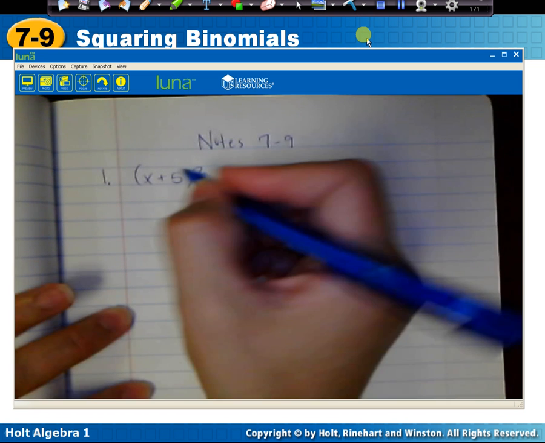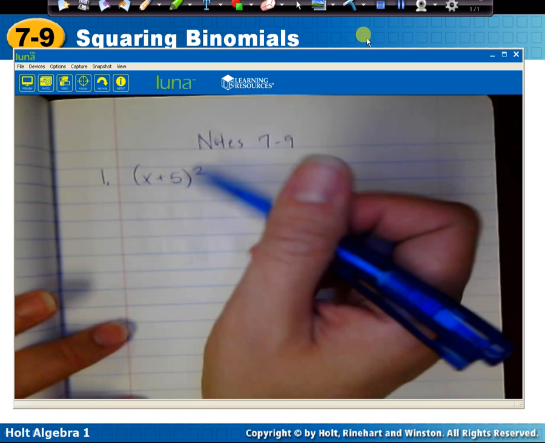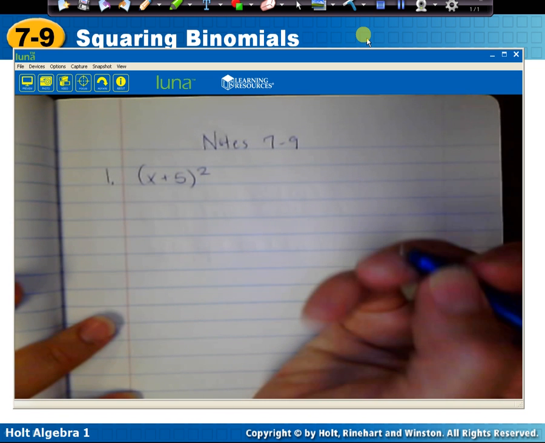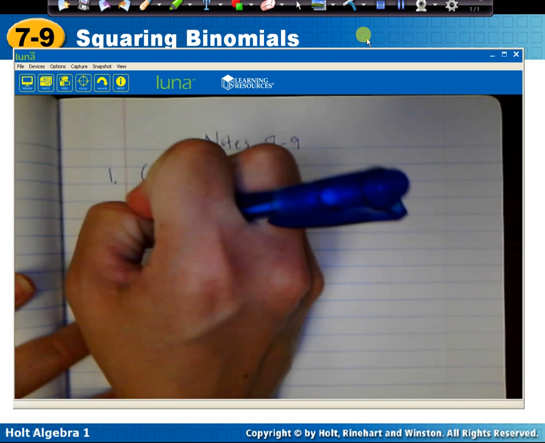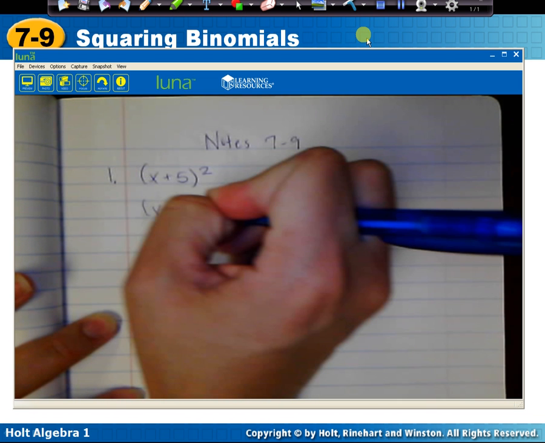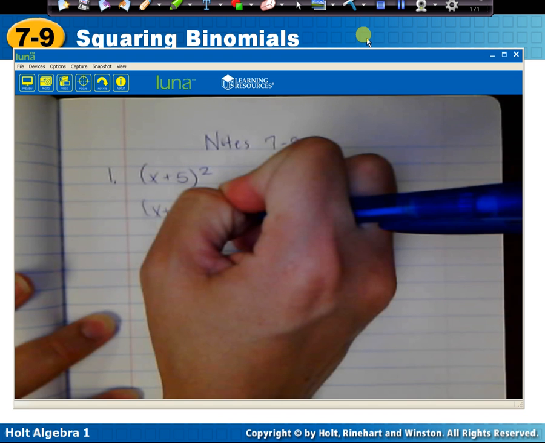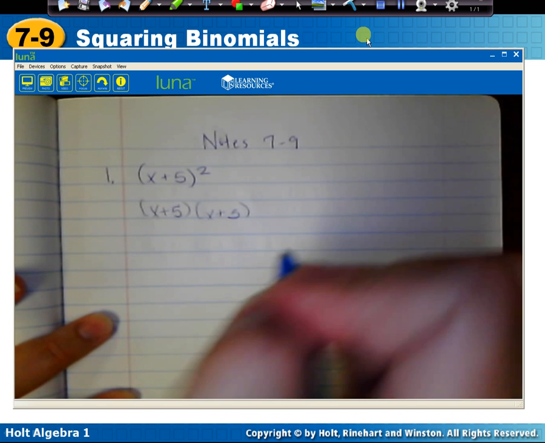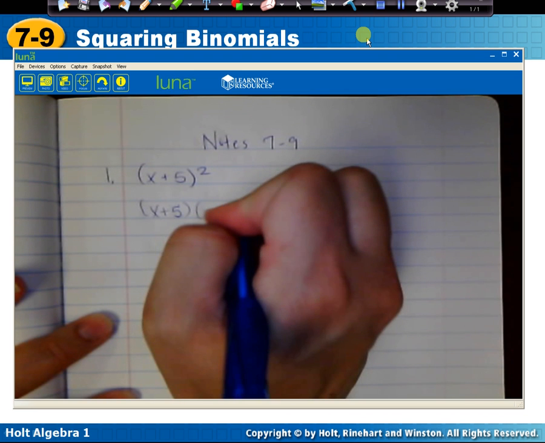So we have our 2 terms inside our parentheses. We have a binomial. It's being squared. Your first step in these problems is to rewrite the problem: x plus 5 times x plus 5. So now that I've rewritten this, it looks a whole lot like all those other problems that we've been doing up until this point.